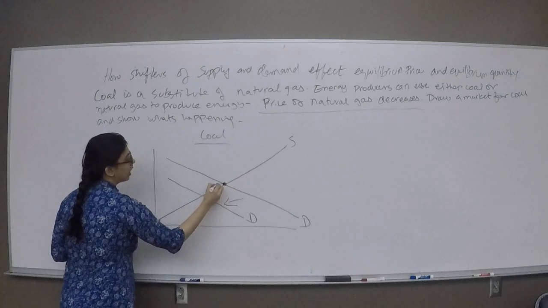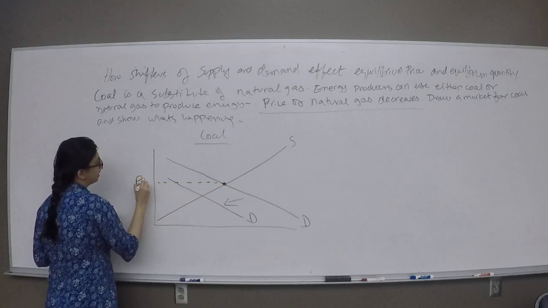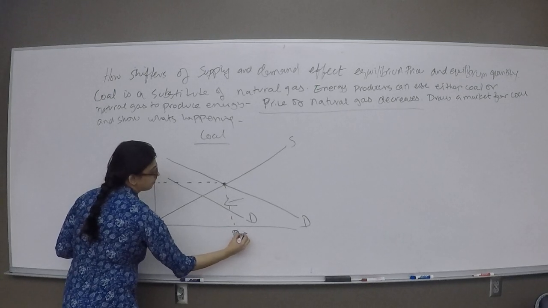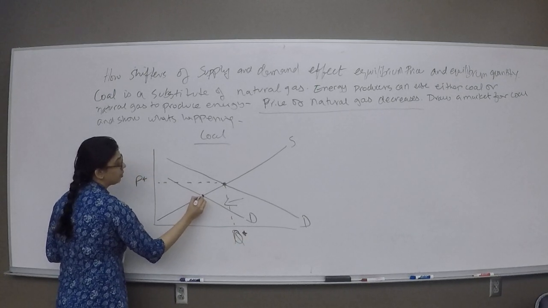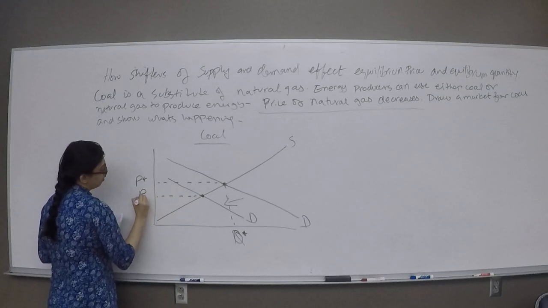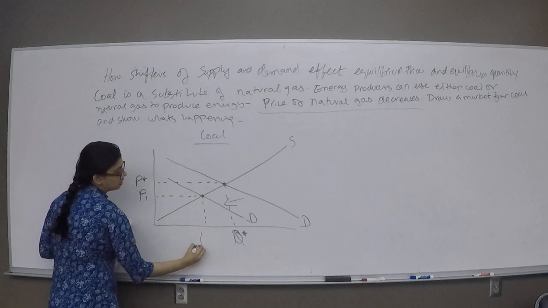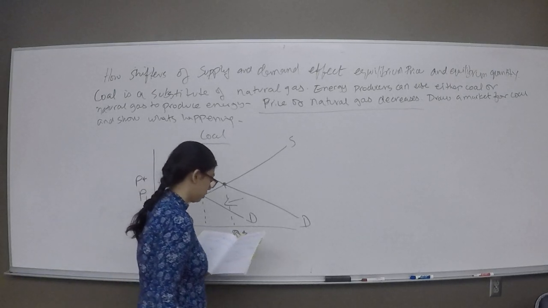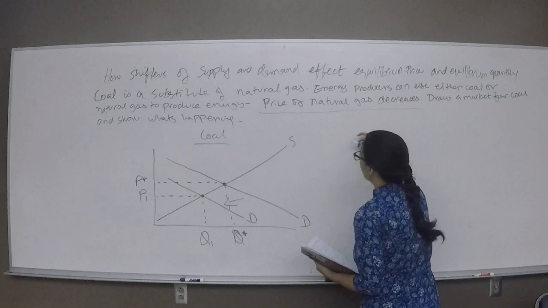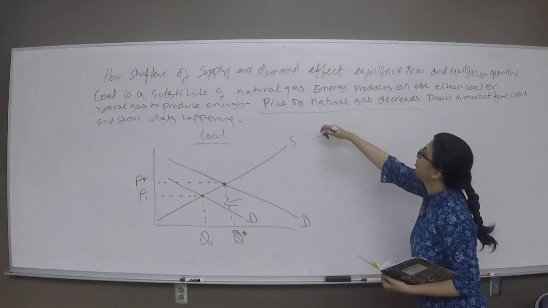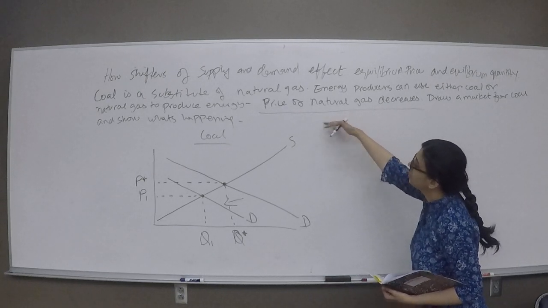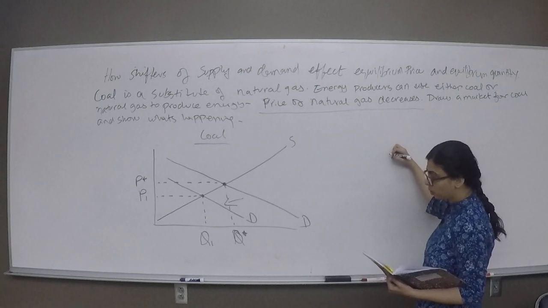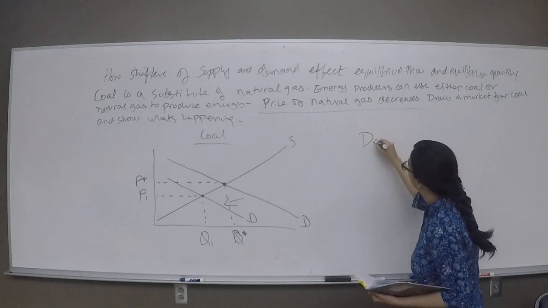So this was your initial equilibrium point, P star, Q star. This is your new equilibrium point, P1, Q1. Now what's happening in the graph? As a result of the price decrease for natural gas, their substitute, coal's demand decreased.